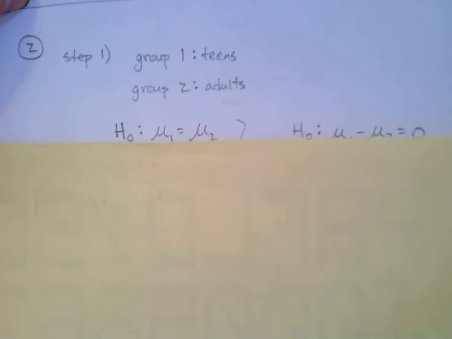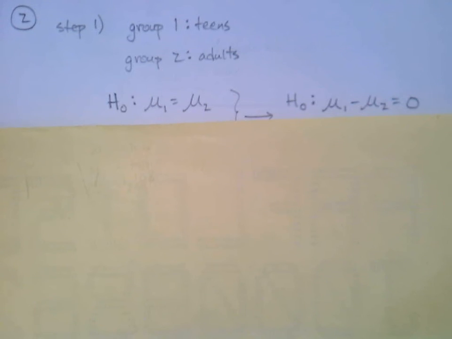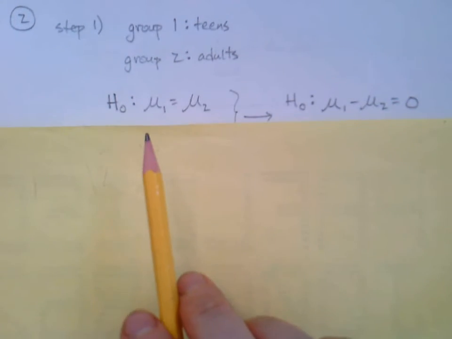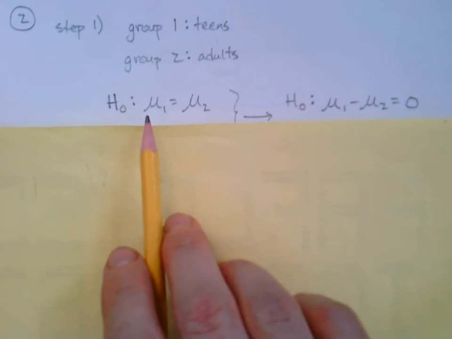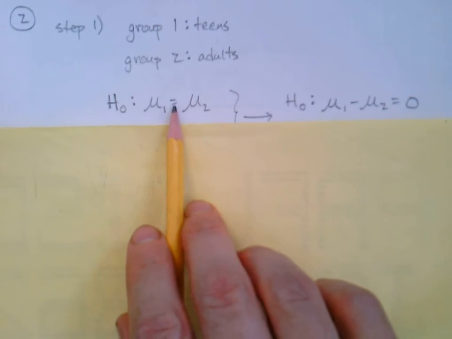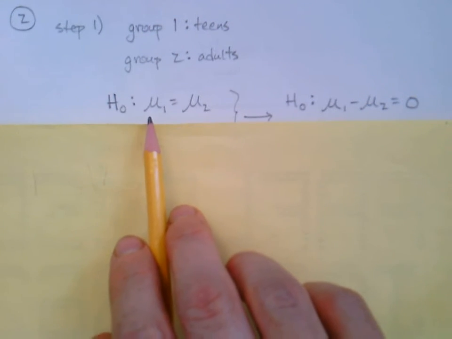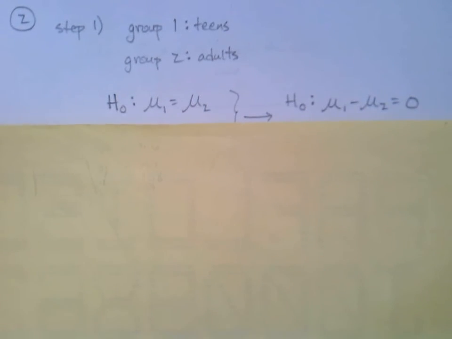Let me show you the null hypothesis and just focus here on the left. So back when we had just a one sample in chapter 9, we just had one group. So all we had was mu, and we said it was equal to a number, right? And that number was told to us in the problem. But that's not the case here. We're comparing the two groups. We're not looking at one group versus this known larger population. We're saying this group versus this group.